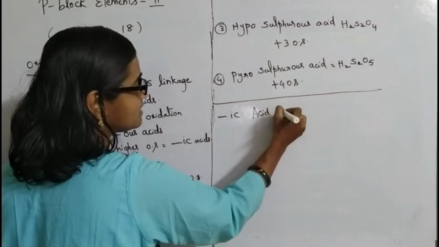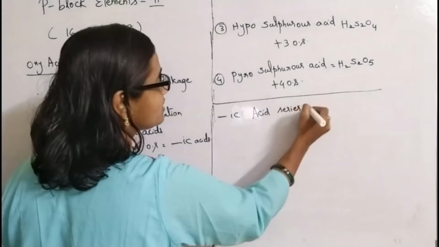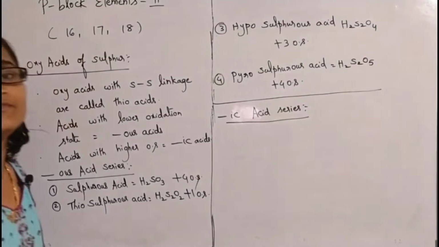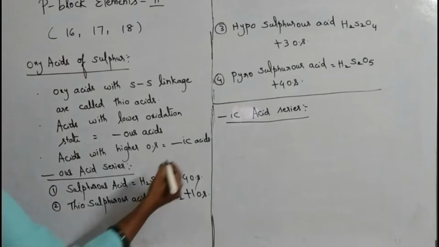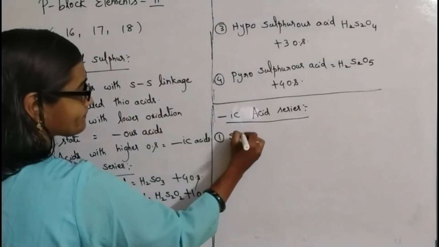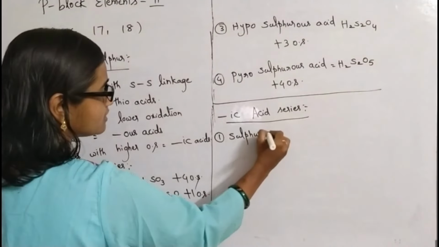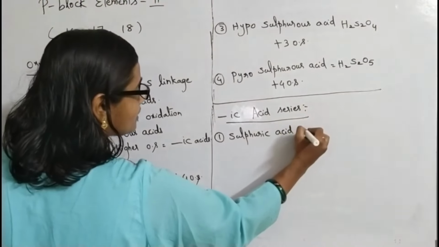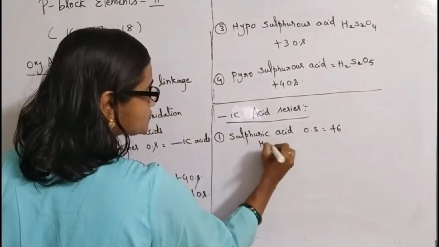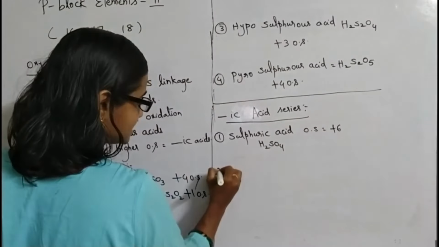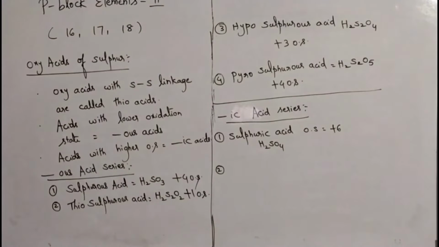These all are called oxo acids of sulfur. There are more chances for you to get questions in this area. In the ic acid series, the first one is sulfuric acid, H2SO4, where the oxidation state of sulfur is +6.